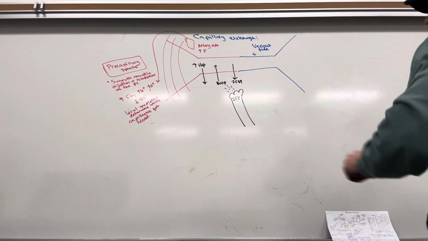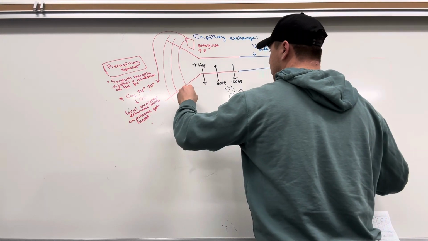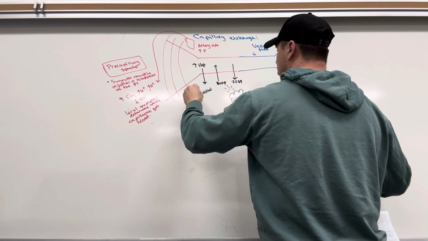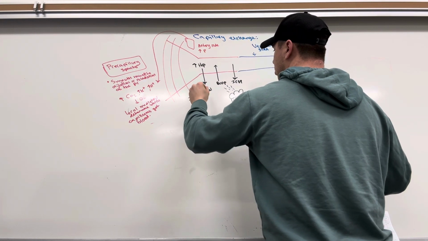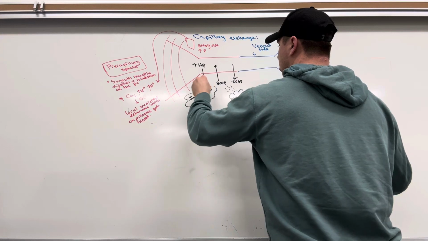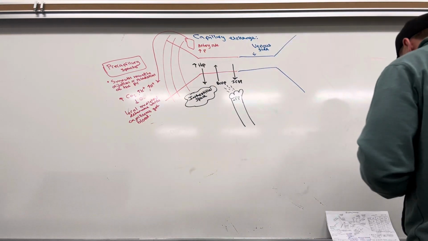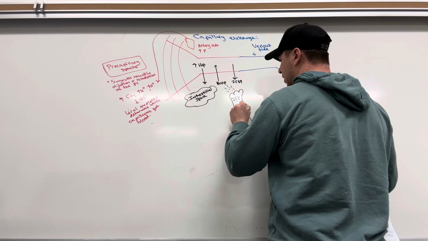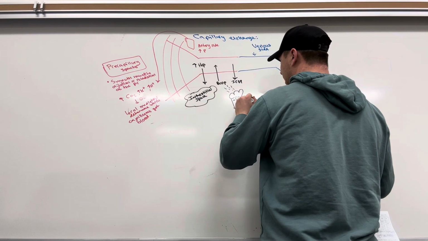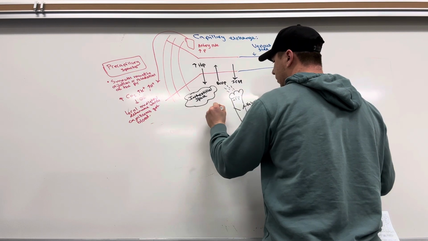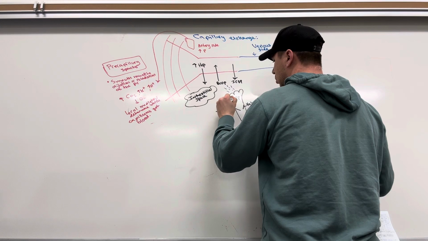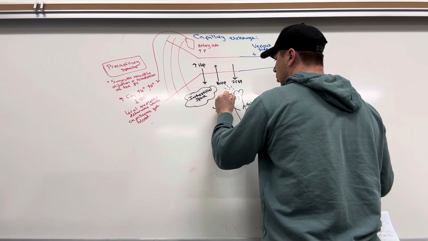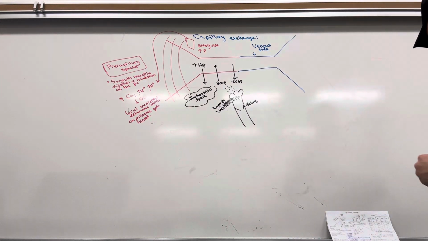And this right here is called our interstitial space. And these lymphatic vessels have these things called valves on them, and they work like a vacuum.